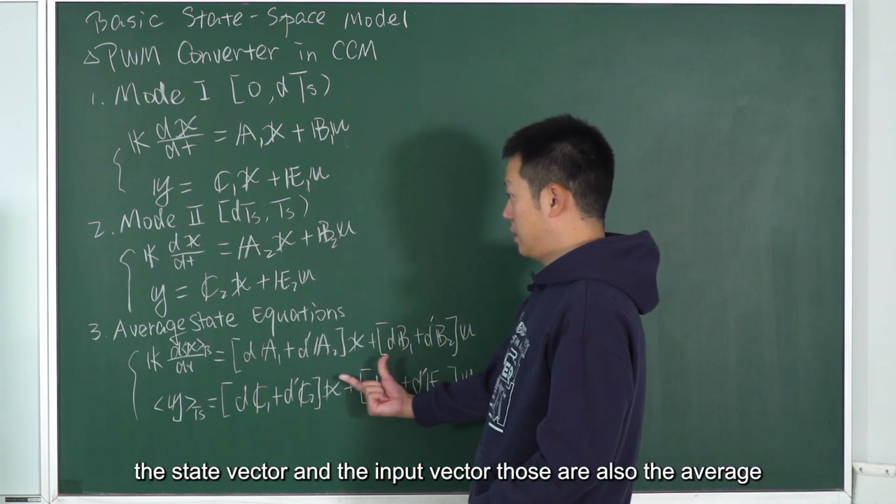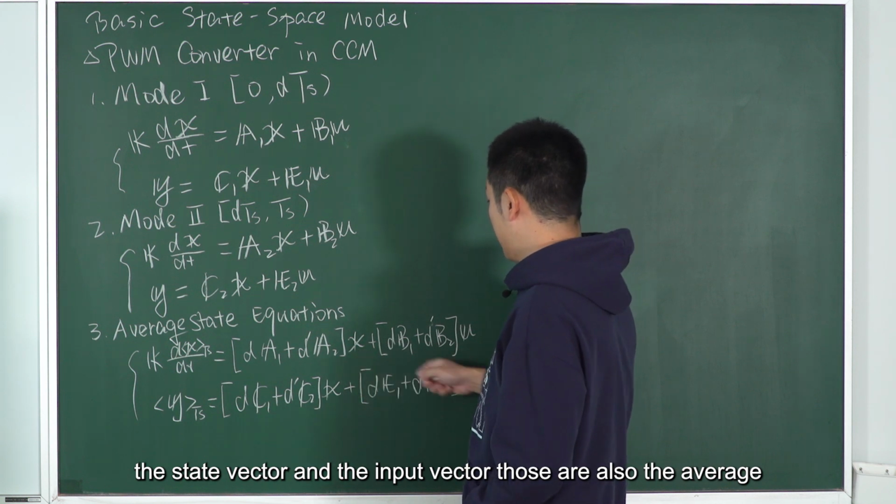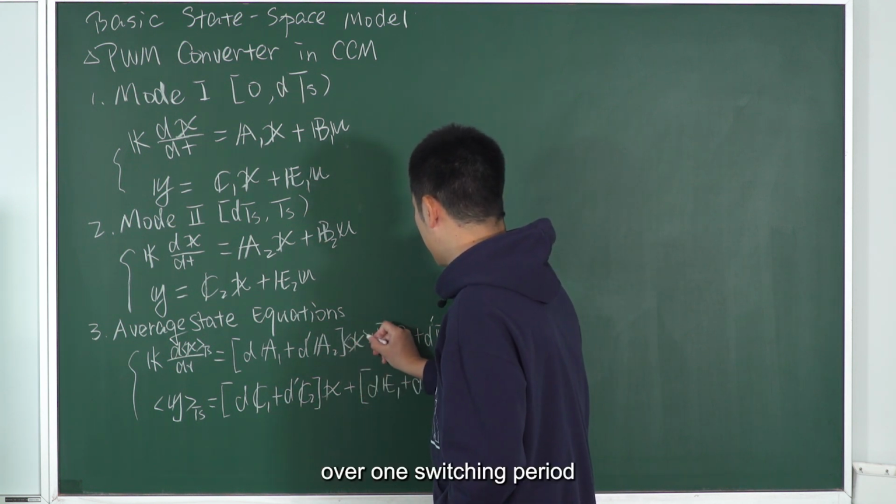The state vector and the input vector here are also averages over one switching period.